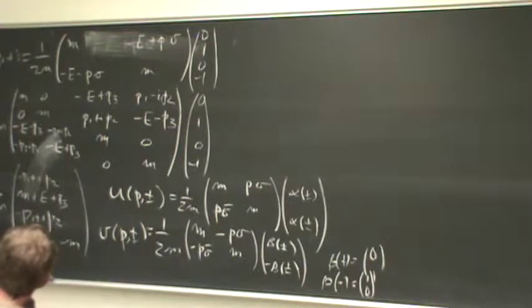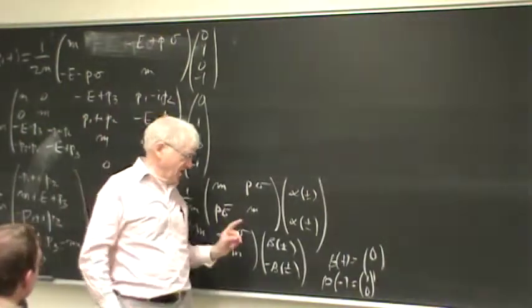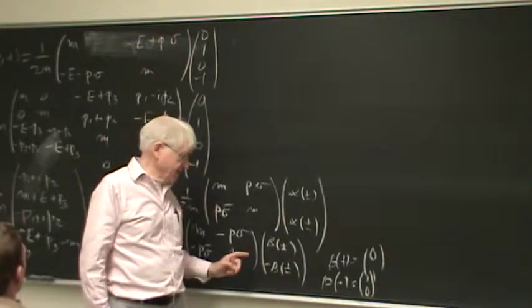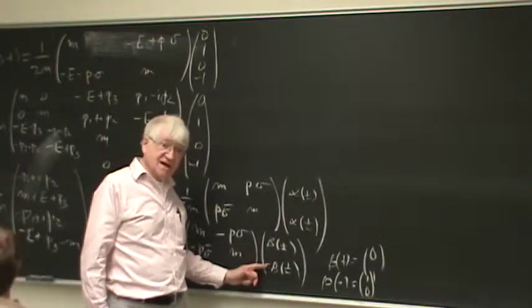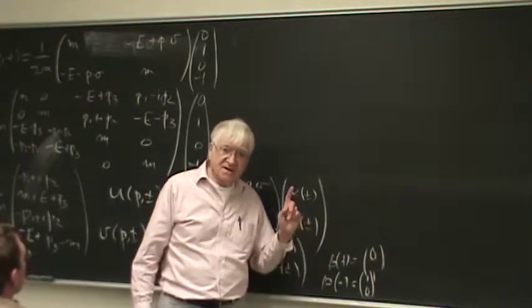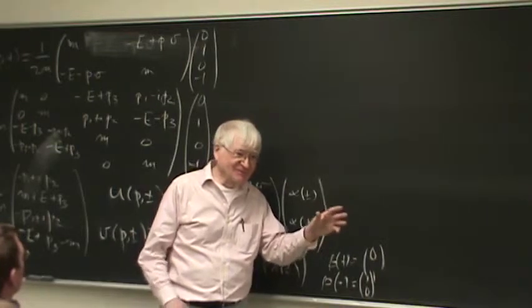What I think is nice is that this gives you the spinors in an explicit form, rather directly. Now, the only thing that's so far unexplained is why, the minus sign is explained, but why it is that beta plus is 0, 1. That's not clear. That will become clear later.